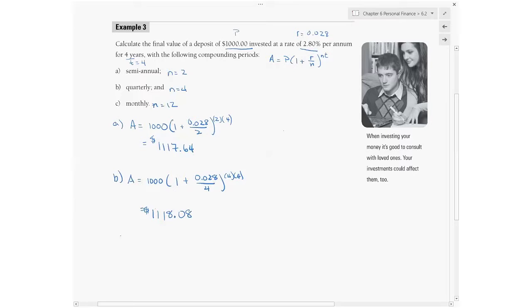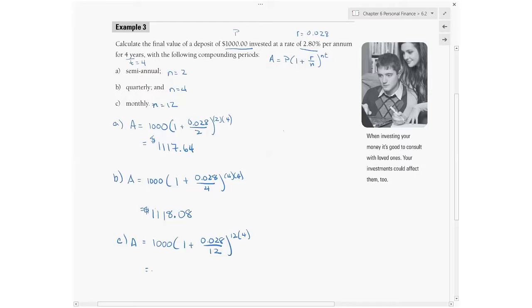Okay, and then C, if it's compounded monthly, again, everything stays the same except for the n, so it's still 1,000 times 1 plus 0.028 divided by n, which is now 12, and this is 12 times 4, so this is going to be 48. So 1,000 times 1 plus 0.028 divided by 12, all to the power of 48.